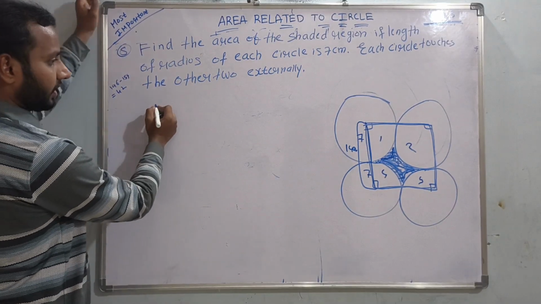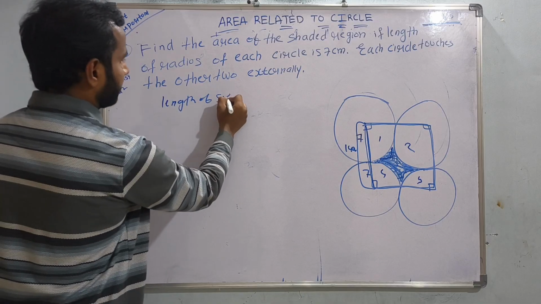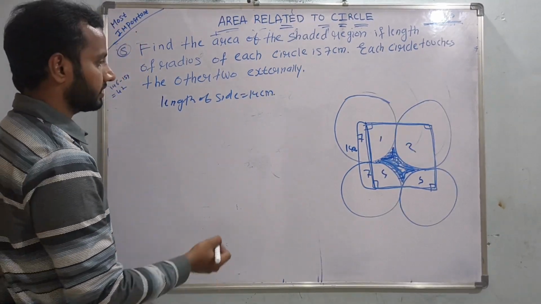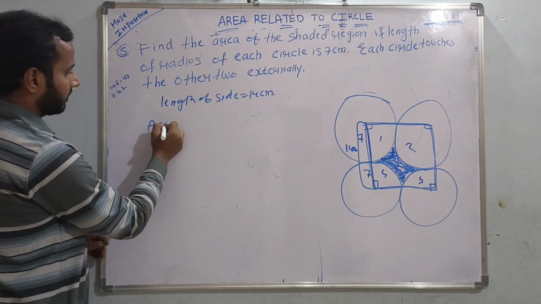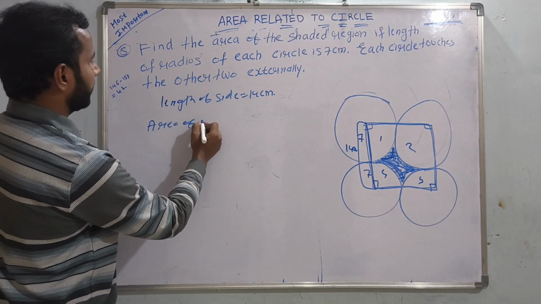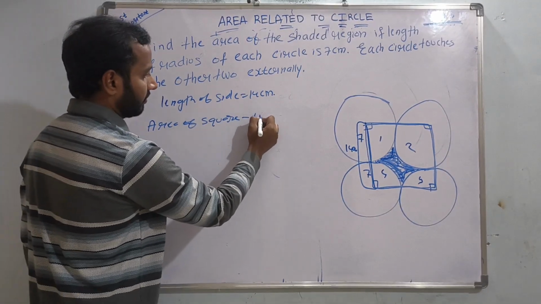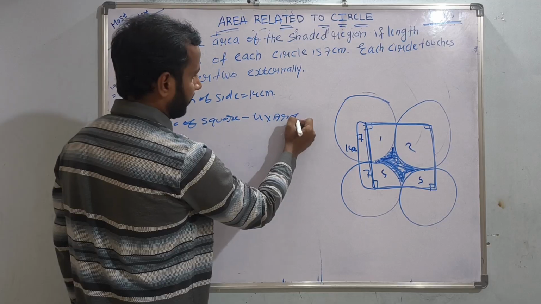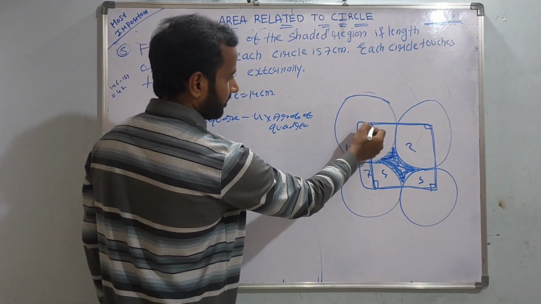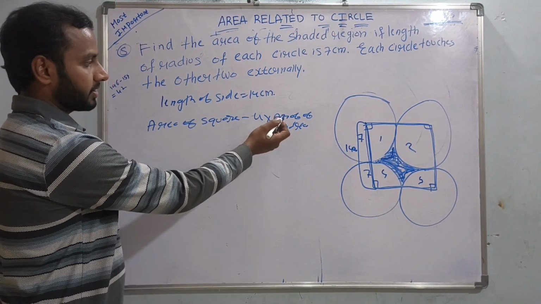So the length of the side is 14 centimeter. Now the area of the shaded region is the area of the square minus 4 into the area of a quadrant. This is your first quadrant, second quadrant, third and fourth quadrant. Then 4 times the area of a quadrant.